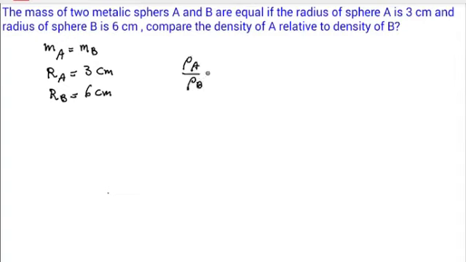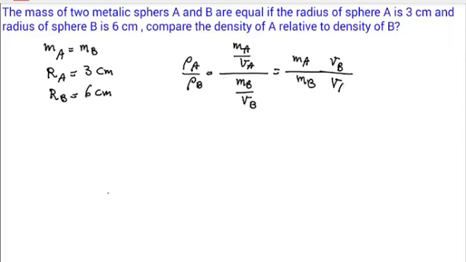So for comparison of two densities, we can write rho of A over rho of B is equal to M of A over V of A divided by M of B over V of B, which is equal to M of A over M of B times V of B over V of A. So the masses are equal.